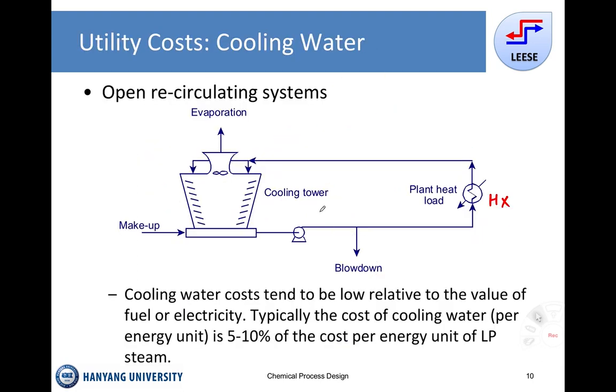So that's why we have this kind of recirculating pattern. So water is used in the heat exchanger. Then in the cooling tower, the water temperature is reduced back to the temperature with which we can reuse the water in the heat exchanger in a repeated manner.